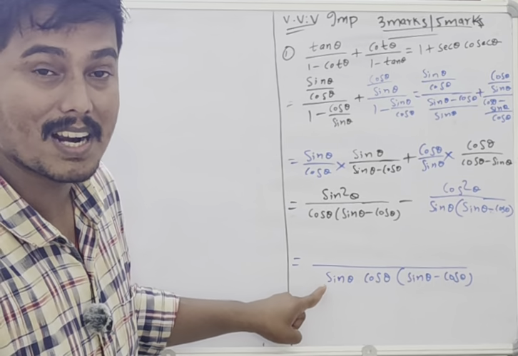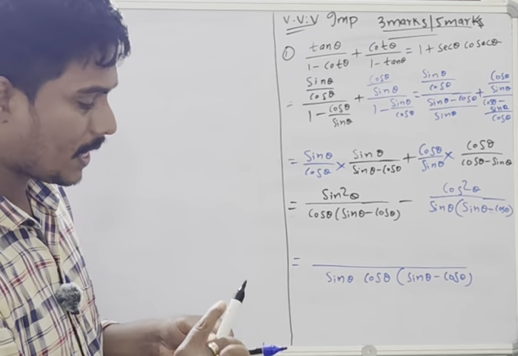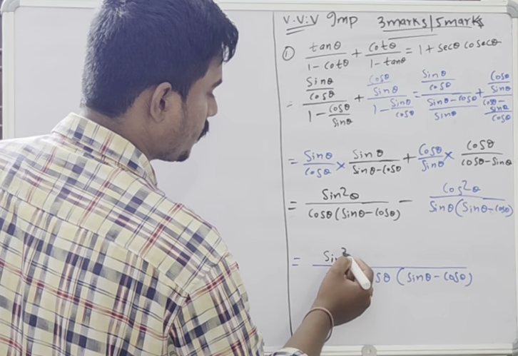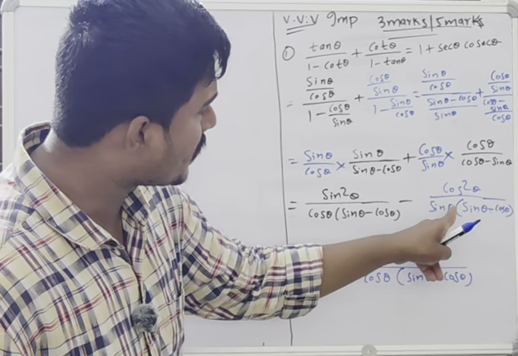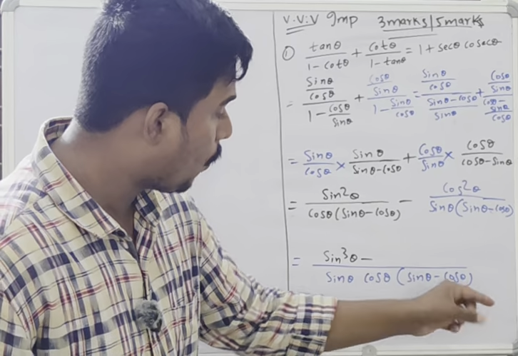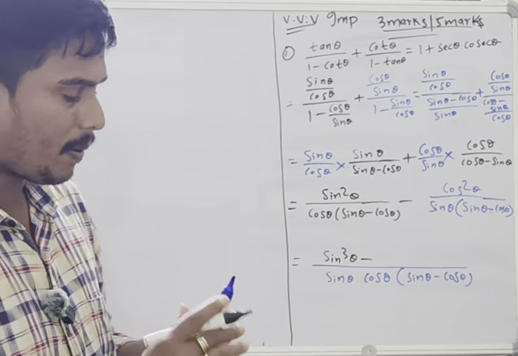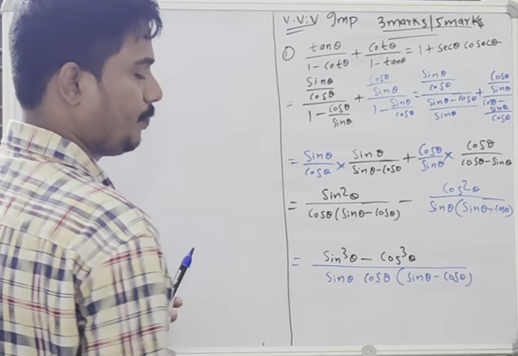Sine theta is extra, so that should be multiplied to the numerator. So sine square theta into sine theta is going to become sine cube theta minus. Here I will check sine theta of sine theta minus cos theta. What is extra in the denominator? Cos theta. So this cos theta will multiply with this and become cos cube theta.